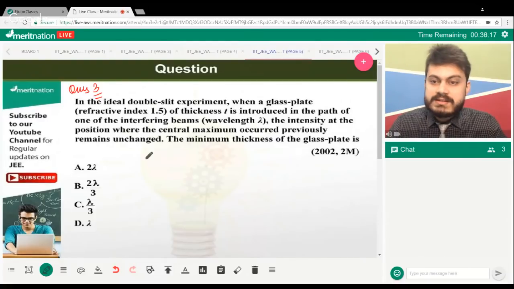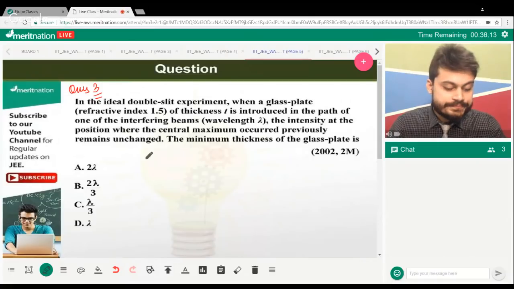B, you guys are saying B. Okay, Meghna says B. Okay, let me just see. The intensity at the position where the central maxima occurred previously remains unchanged.